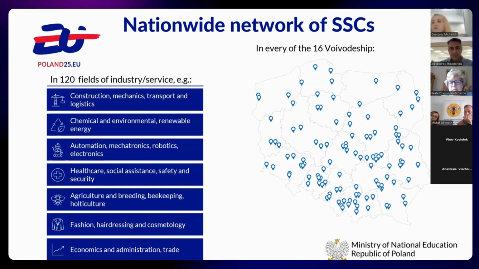In health and social care, social assistance, safety and security, and also something that is close to your project. We also develop quite a wide range of sectoral skill centers in the area of agriculture, breeding, horticulture, forestry, and beekeeping.